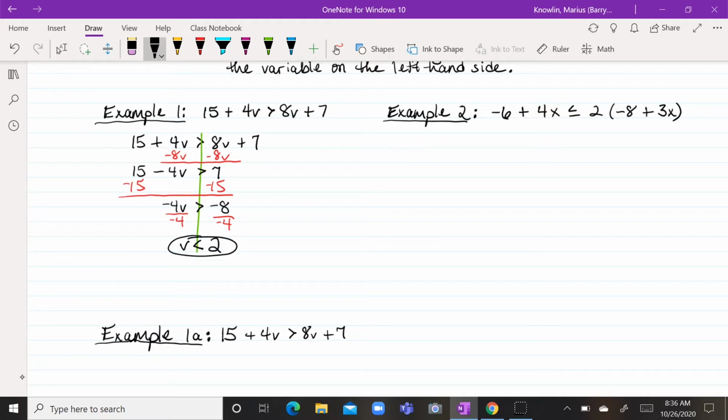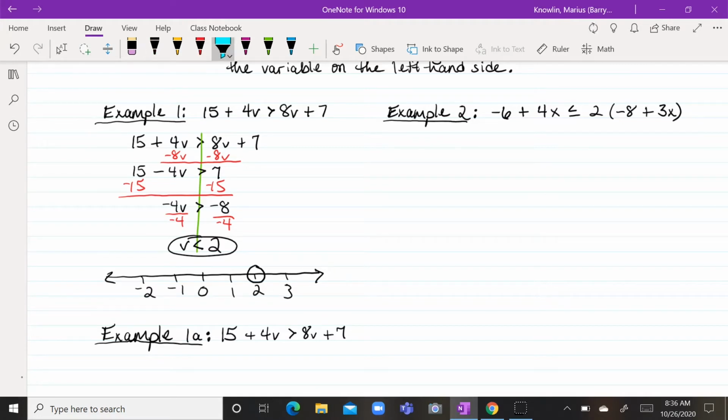Now when I graph it, to graph my solution, put 0 here, negative 1, negative 2, positive 1, positive 2, positive 3, and I put an open circle on 2 because I don't have the equal to line, it's open, which means 2 is not included.